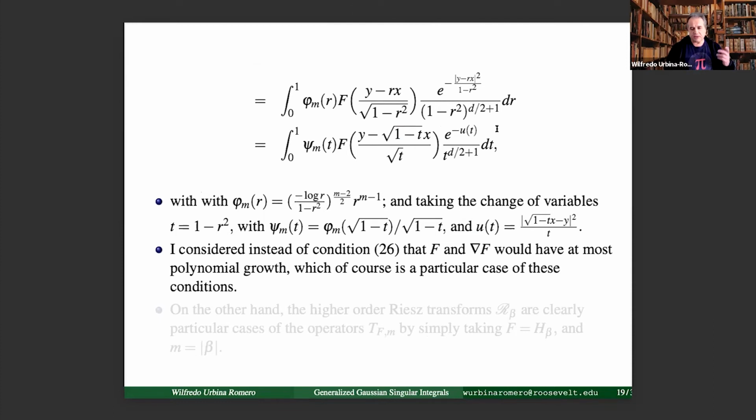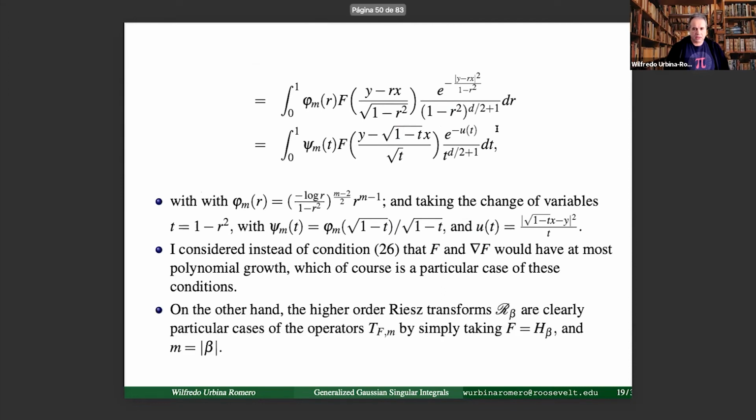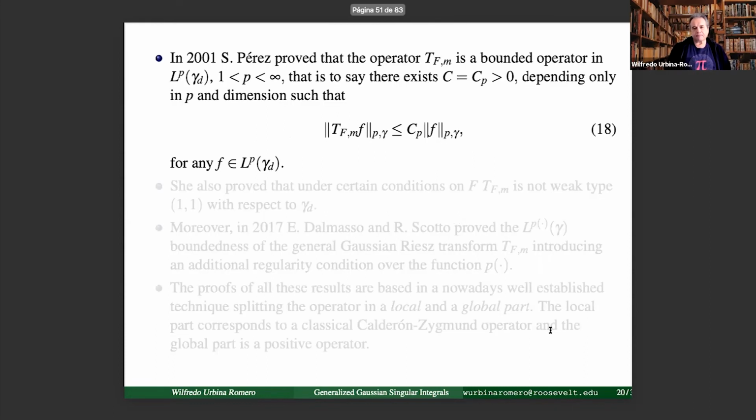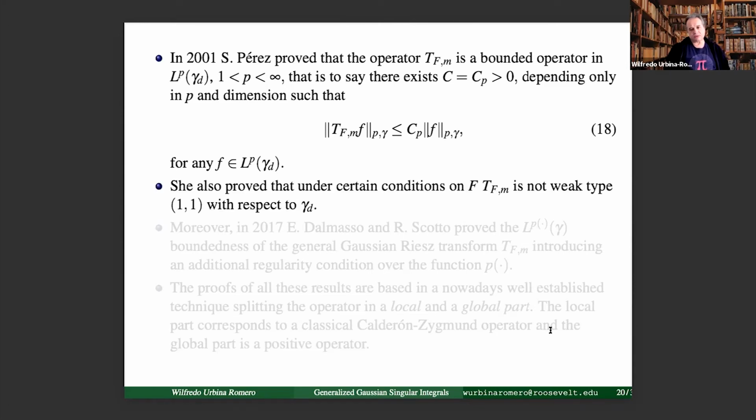So in my case, initially I consider f and a gradient of f of polynomial growth. Of course, Riesz transforms are the case, as I already said, where f is just the Hermite polynomial of order beta. And she proved the LP boundedness, and she also proved that under certain conditions on f, TF is not weak type.